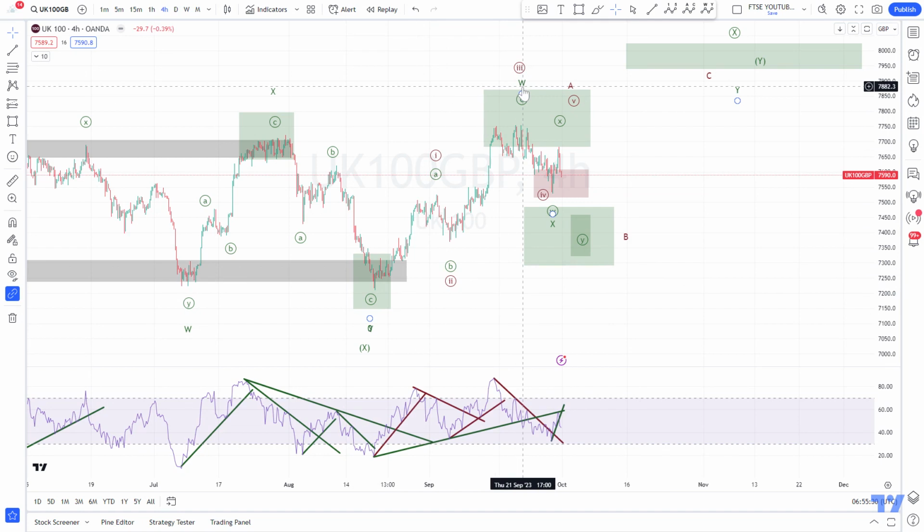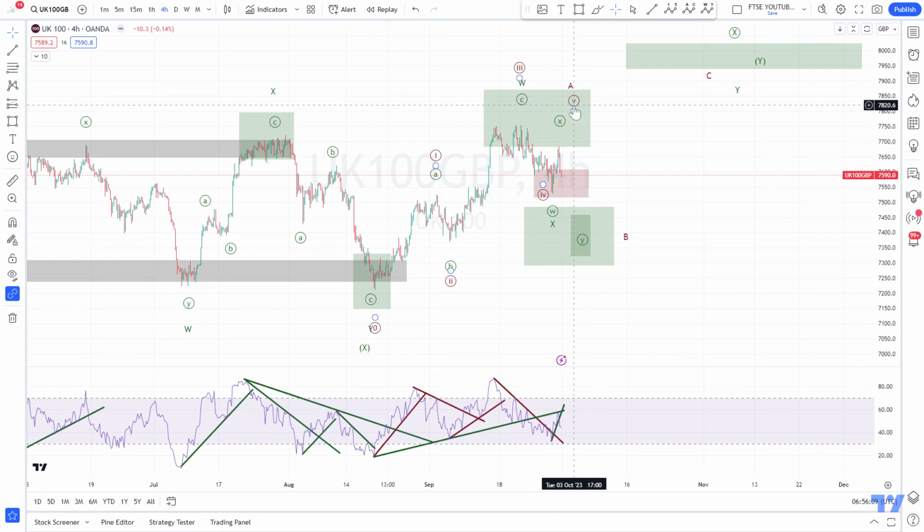Now I made the wave W, X, Y my primary scenario, instead of the A, B, C. So yeah, the reason I switched is that this is taking too long here. It starts to look like a different cycle. It does not look anymore like this move down here is still part of this cycle. It looks like a different cycle. So then this cannot be the wave 4, and if this is not the wave 4, a wave 5 cannot follow.